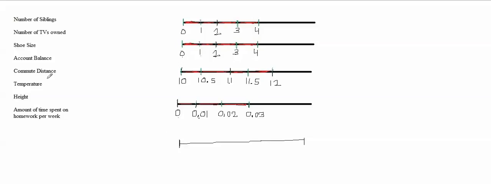In each of these last four examples, which are the continuous variables, everything between the lowest possible value and the highest possible value is green, because really a value can fall anywhere on the number line in each of these last four examples. So this is what the number line looks like for each of these four continuous variables.